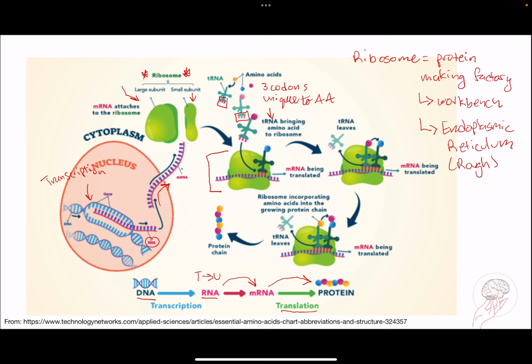And these codons test, they see if they match up with the codon on the mRNA. If they match, they attach, and the mRNA moves down, and the next one comes through. If it matches, it attaches, and then we get a bond between the carboxyl and amino groups, and we get the formation of a protein chain.